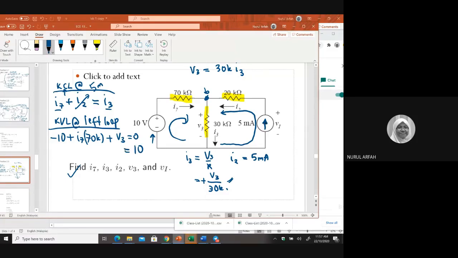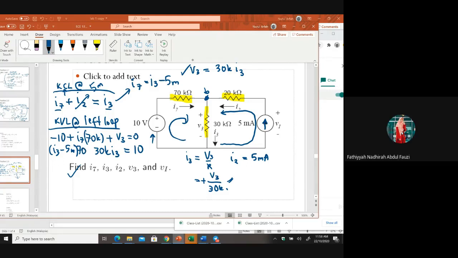If we put it this way, this is 10, and V3 is 30K with I3, and then plus I7. If we rearrange here, I7 will be equal to I3 minus 5 milli. And then this I7 is I3 minus 5 milli into 70K. Okay. Is it clear?